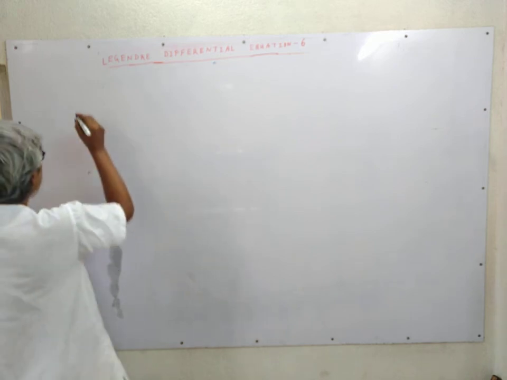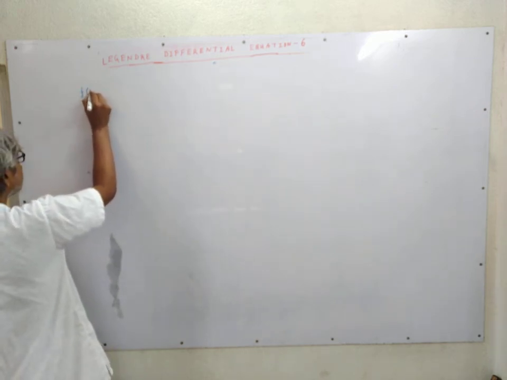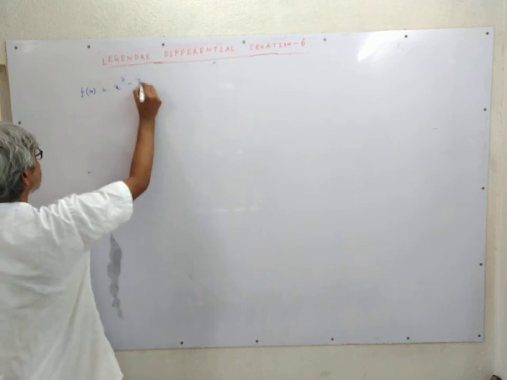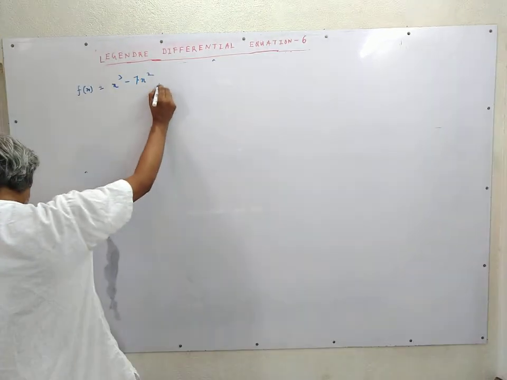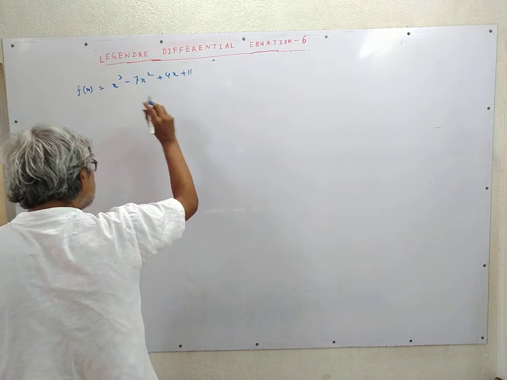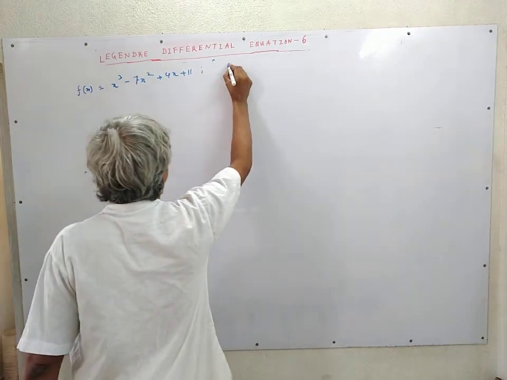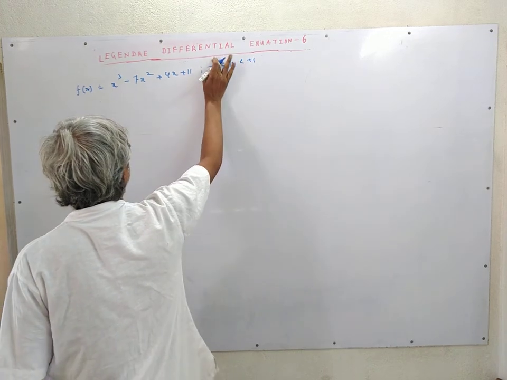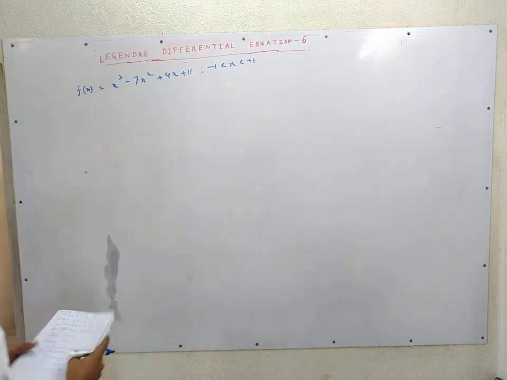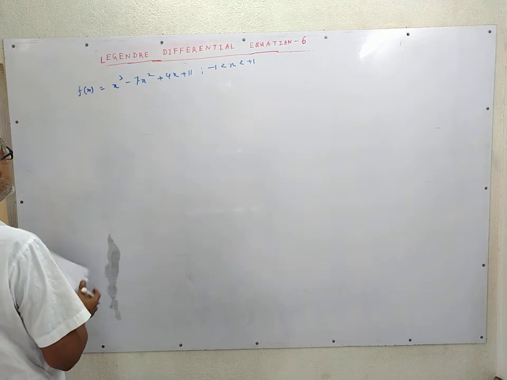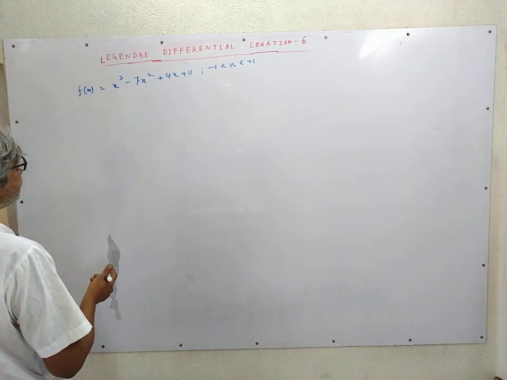Our problem is that we have a function f of x is equal to x cube minus 7x square plus 4x plus 11. It is defined in the range x from minus 1 to plus 1. Our aim is to expand it in terms of Legendre polynomials.